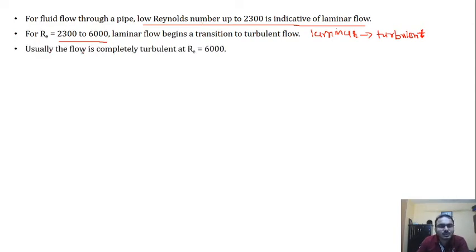And usually the flow is completely turbulent when the flow Reynolds number is greater than 6000. There is a mistake here, there should be greater than 6000. Now you should remember that whatever numbers are written over here are only for a fluid flow through a pipe.